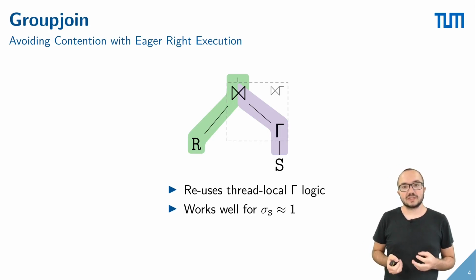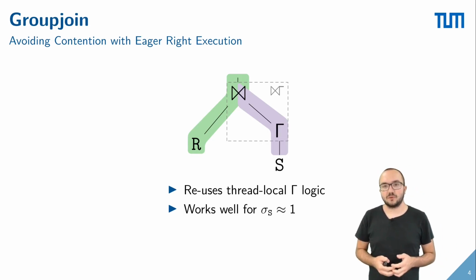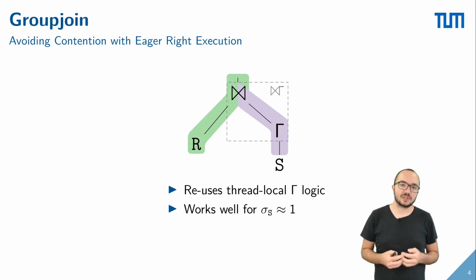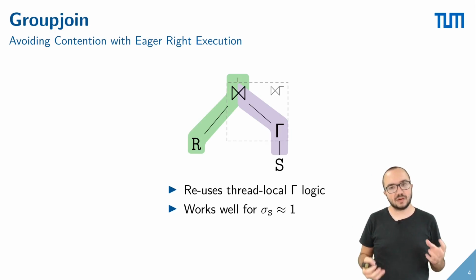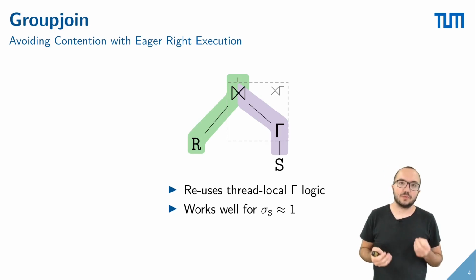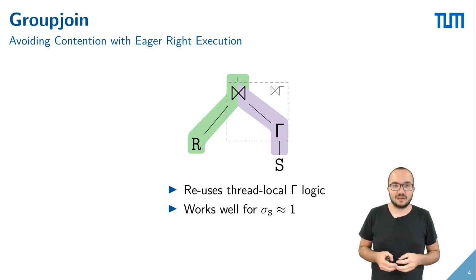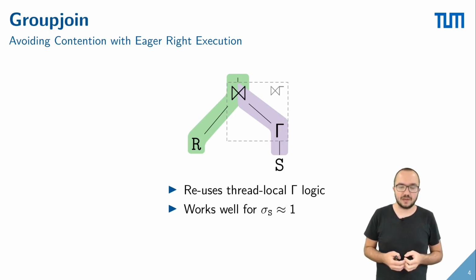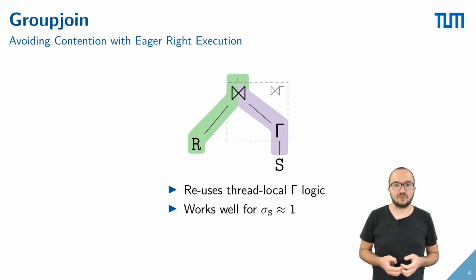What we can do is reuse a tactic from regular group by operations, where we first build thread local group by pre-aggregations and only merge them later on into one global hash table. We can do this as an eager write execution for our group join as well, where we just reuse the thread local logic of a group by operator.